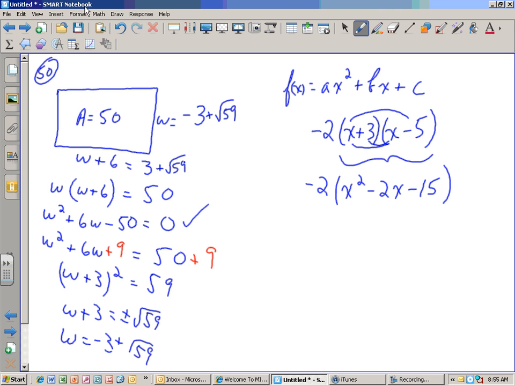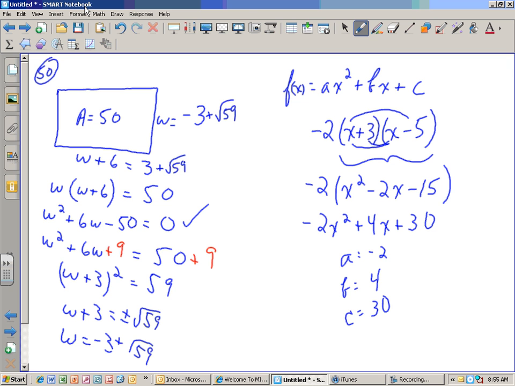Now distribute the negative 2. Negative 2x squared plus 4x plus 30. Your A is negative 2, your B is 4, and your C is 30. Okay?